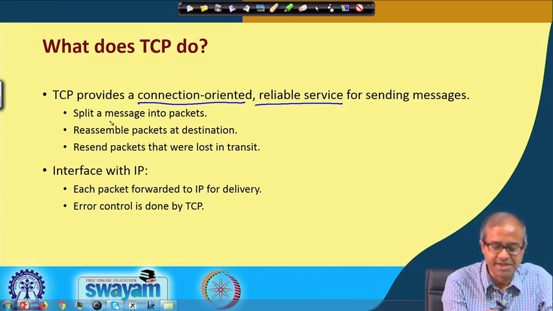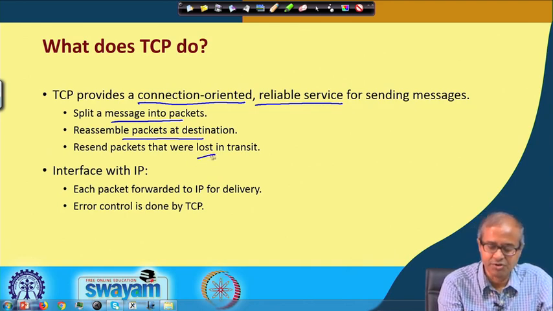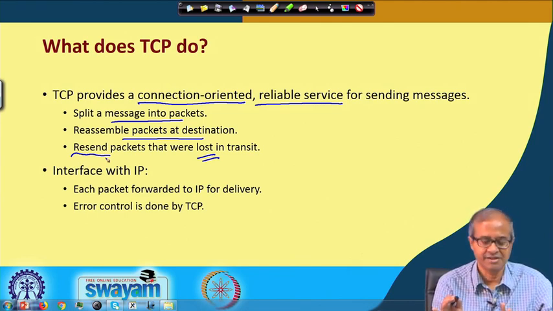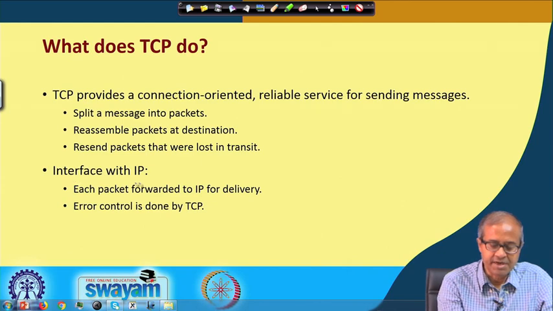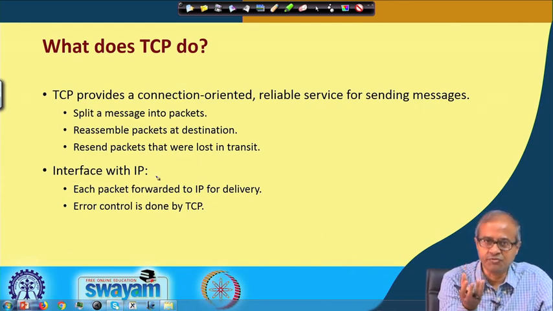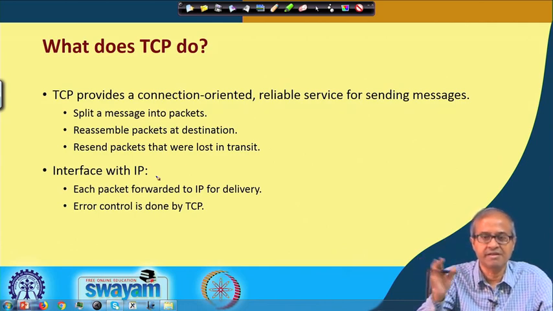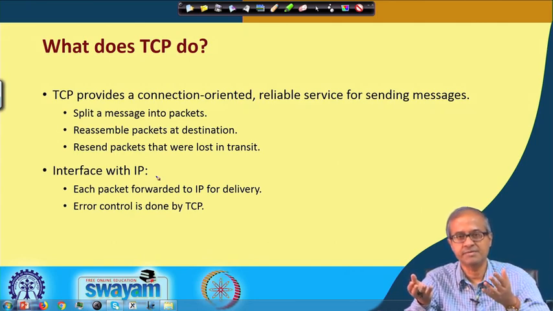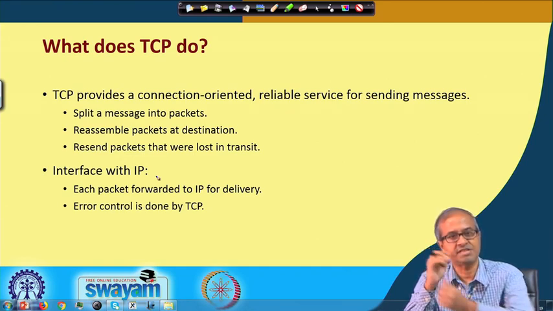TCP will be splitting a message into packets, reassembling the packets at destination, and if some packets were lost, as I said, it will be resending. So, all these services are done by TCP. And for actual data transmission, it interfaces with IP in the way that each packet it sends to IP for delivery, and IP will be using its own rules and its own routing tables to transmit and receive the packets.